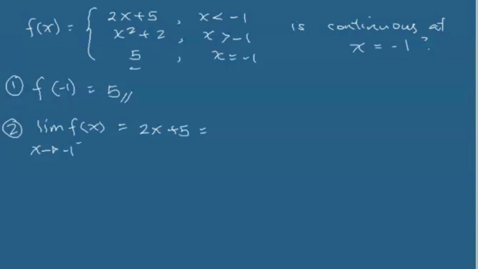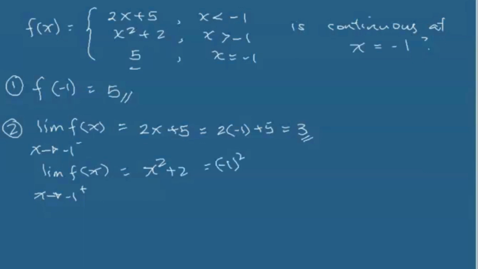This is equal to 2 times negative 1 plus 5, which is 3. And then the limit from the right hand side: as x approaches negative 1 from the right, we have greater than negative 1, so it's the second function, x squared plus 2. Negative 1 squared is 1, plus 2 is 3.